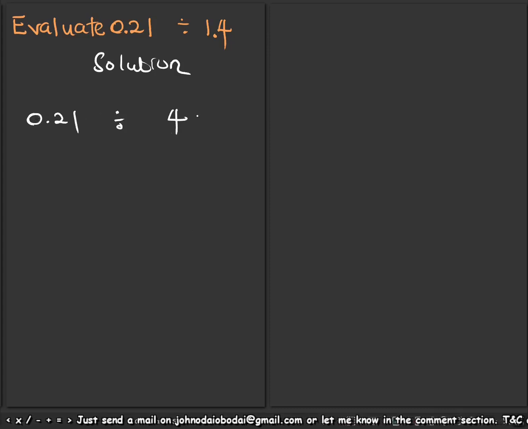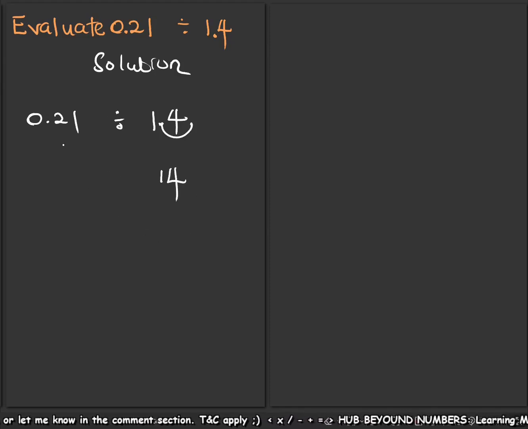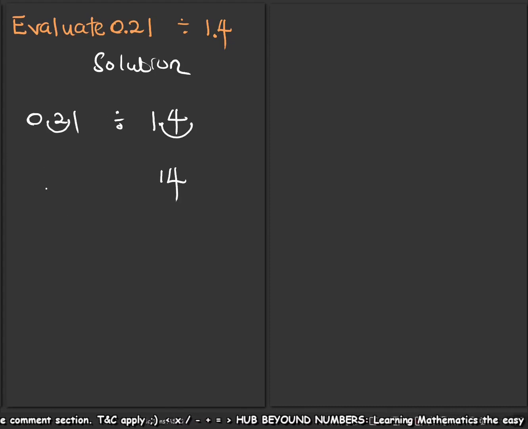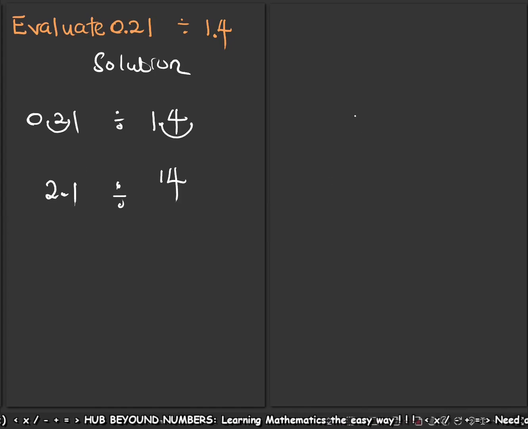So instead of the 1.4, we want to move it once to the right-hand side so that it becomes 14. Then as we have done for this, we have to do the same for this. So we have to move this also once. And in that case, it becomes 2.1. So now that we have this, we can do our division.